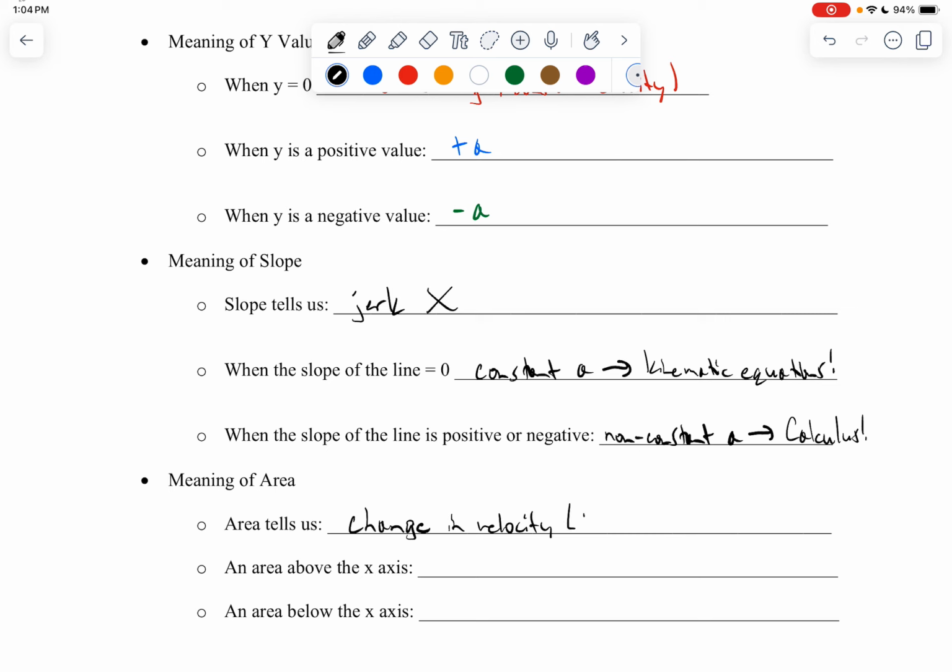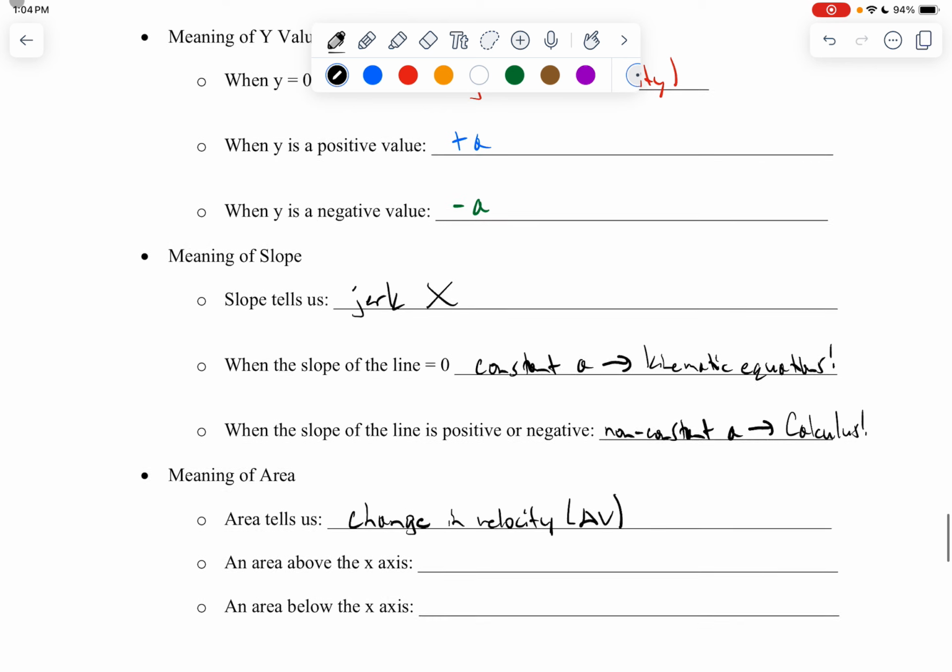This is going to give us our basic value for delta V. If we had no information about our starting velocity, we could use our starting velocity and our change in velocity to figure out the final velocity once the time interval is over. But really the equation we use to calculate area gives us a change.